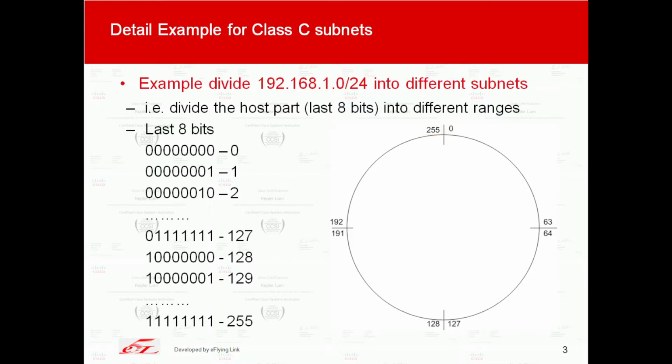Just like the diagrams in here, as it's too hard to list out all those 256 labels around the circle, I just write down some of them. Something like the last number of the first half is 127, while the second half starts with 128.